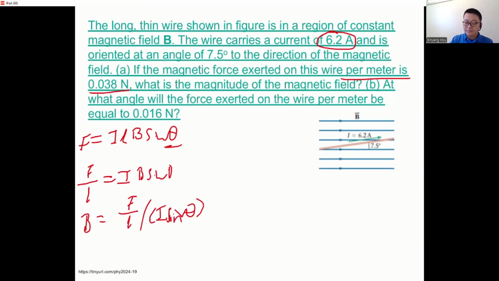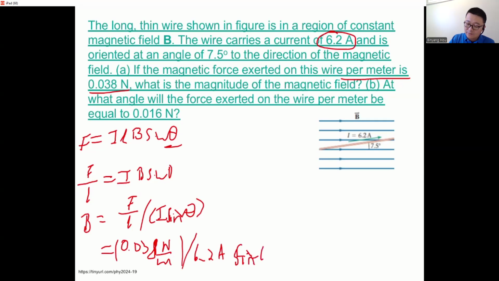F over L is 0.038 newtons per meter, divided by I, 6.2 amps, times sine of 7.5 degrees.